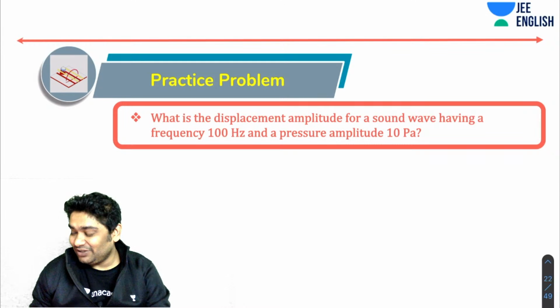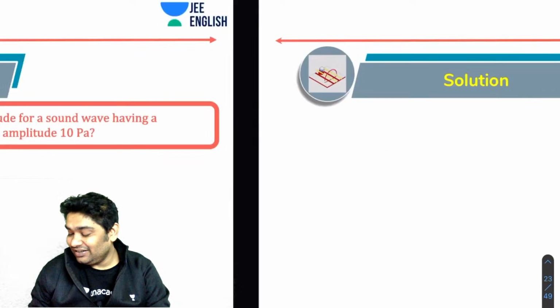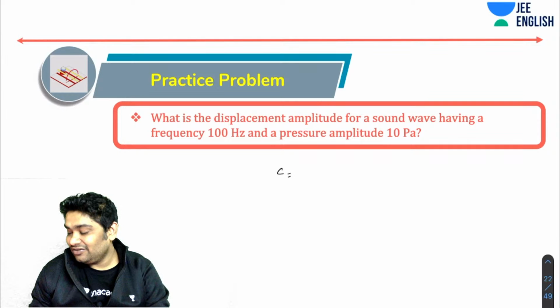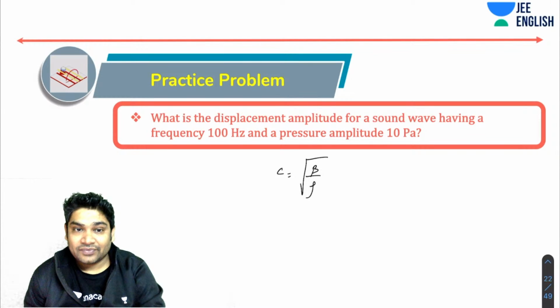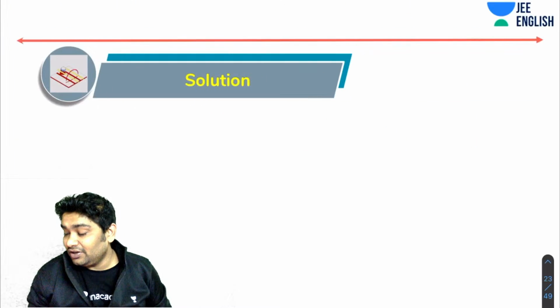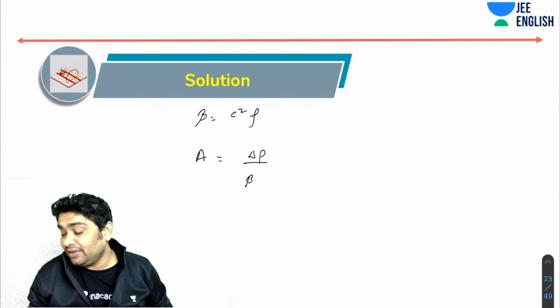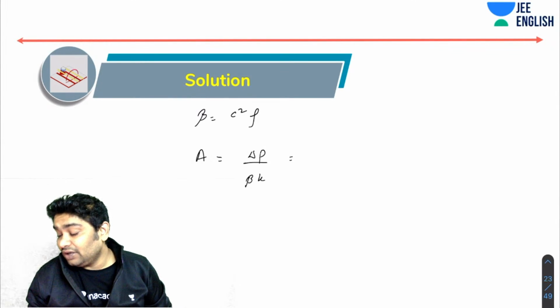You need to know one more thing about this. The speed of sound is root of beta by rho. So from here, beta equals c square rho, and you know A is equal to delta P over beta times k. So delta P over beta is c square rho times k.